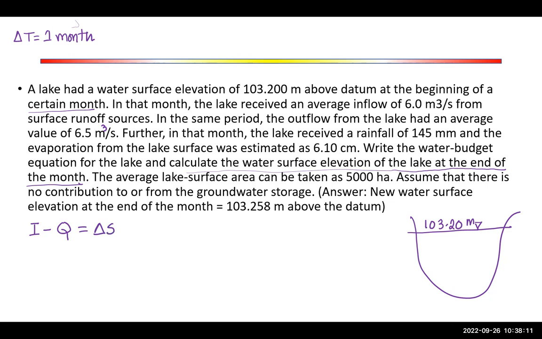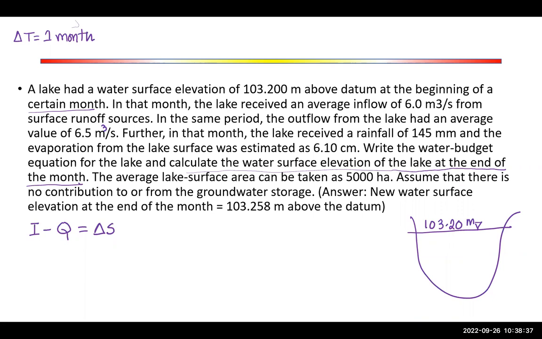And most of the time, the storage we actually calculate in terms of volume. But you need to calculate the surface elevation, which is kind of depth. Is there any way you can convert the volume into distance or depth? What is the way? Divide by the area?